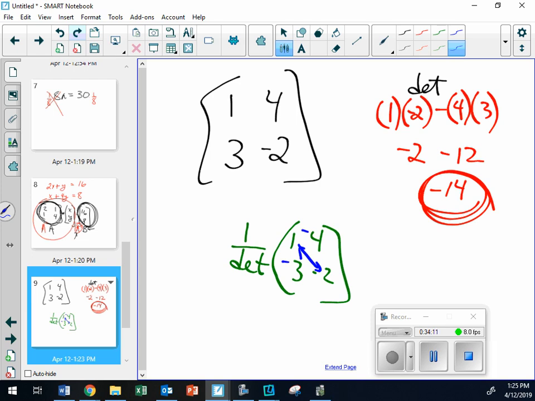Whoa, that's intense. These 2 switch places, and these 2 become the opposite of what they are. That's how you find an inverse.